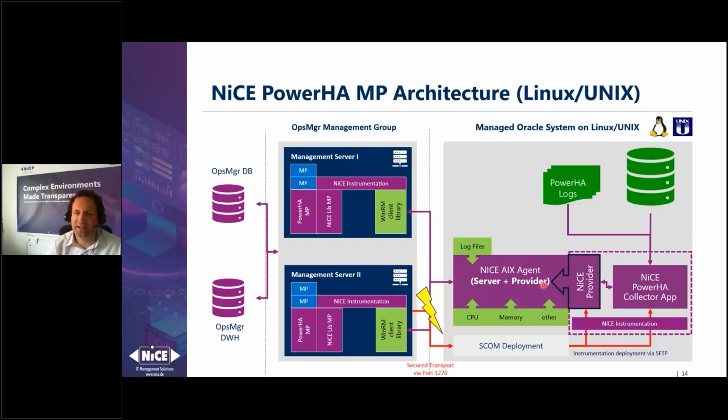The provider is merely an interface between the scripts collecting the data and forwarding to the agent. The management packs are different because they are different cluster solutions. This is the PowerHA specific solution, and it does all the alerting. I'll have a look at that in a moment and show you.